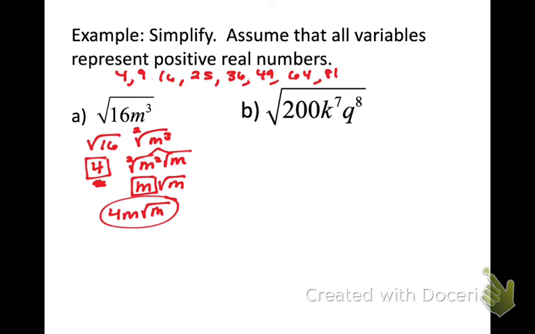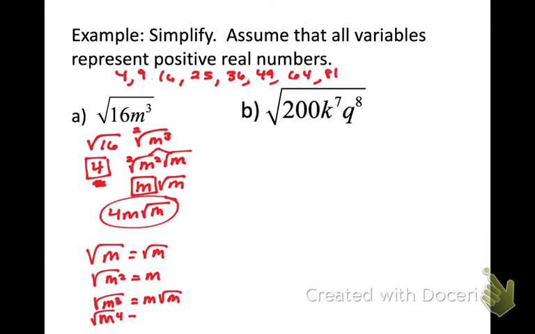Okay, so let's just quickly go through that. If I had m, the square root of m would just be the square root of m. The square root of m squared would be m, right? Because 2 goes into 2 once. The square root of m to the third is 1m square root m. The square root of m to the fourth, well, how many times does 2 go into 4? It would be 2.